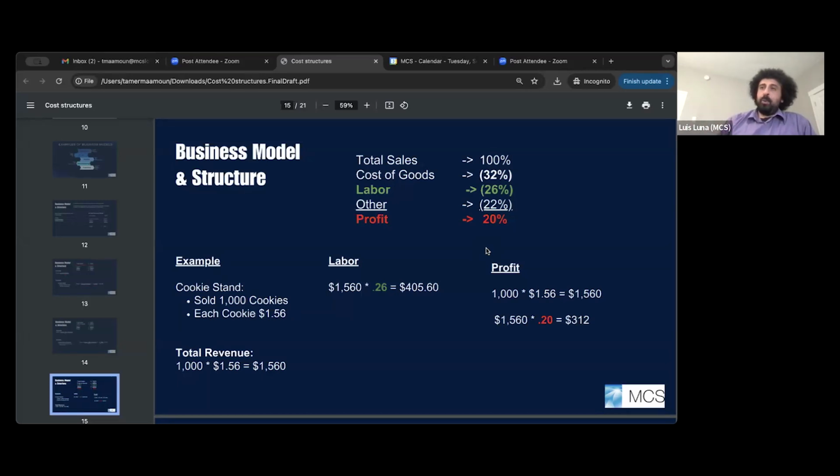If you have more than one employee, then you would split that up how you agreed upon to be paying your employees. And your profit would be the 20% margin there. So you would take the 1,560 and multiply it by 0.2, and you would get 312.